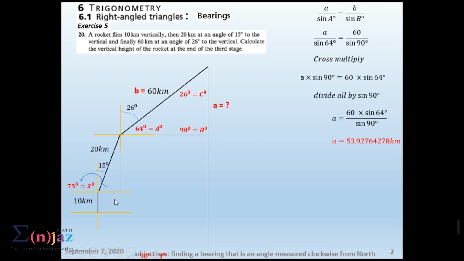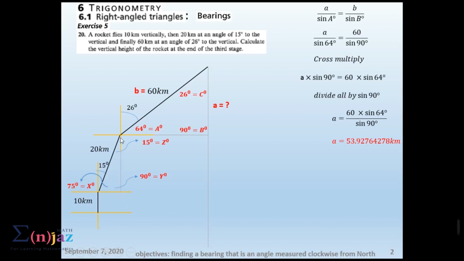This is 90. As you can see, I named it as y. And this last one is 15 because angles in a triangle add up to 180 degrees. So 75 plus 90 plus 15 is equal to 180 degrees. And we name this x, y, z.